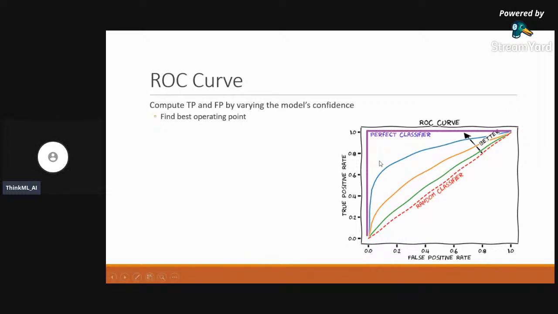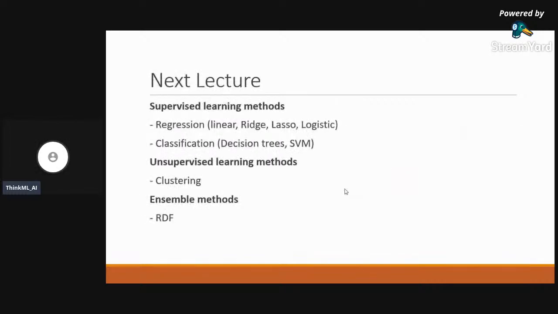For that, a high false positive rate should not be there. Okay, so what we will be doing is setting a different operating point for different applications. So these curves are also important for that purpose. Okay, so if these curves are overlapping, the curve which has the highest area under the curve performs the best. Okay, so this is how ROC curves work.